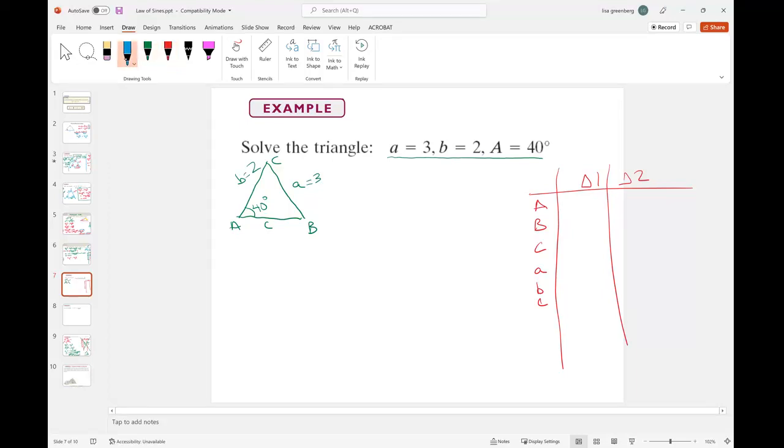So I apologize. Okay, so what am I being given? I'm being given that a equals 3, b equals 2, and A equals 40 degrees, and that's all I'm given. I'm given both things for A, so I have the sine of A over a is going to equal, and since I'm given b, the sine of B over b.